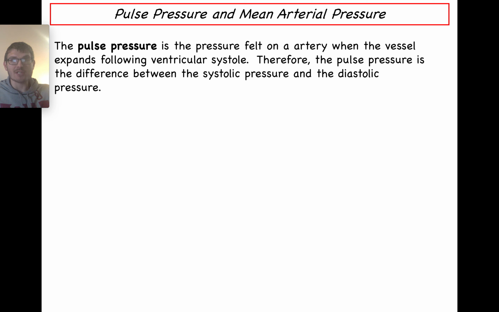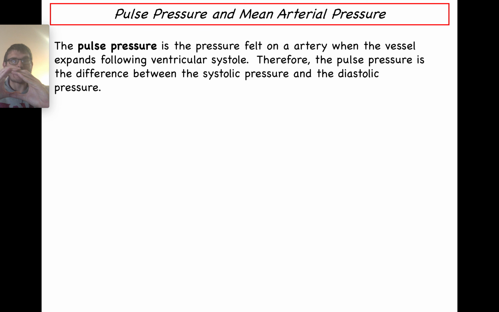So the pulse pressure is the pressure felt on an artery when that particular artery expands following ventricular systole. This is going to help us understand why the systolic pressure is always higher than the diastolic pressure. So the systolic pressure in the arteries is that higher pressure number, and it is the result of the ventricles, which have just gone through systole, pumping out an extra roughly 80 milliliters of blood.